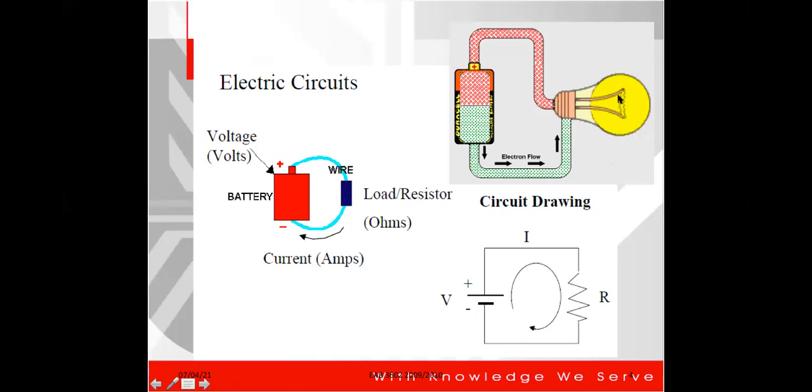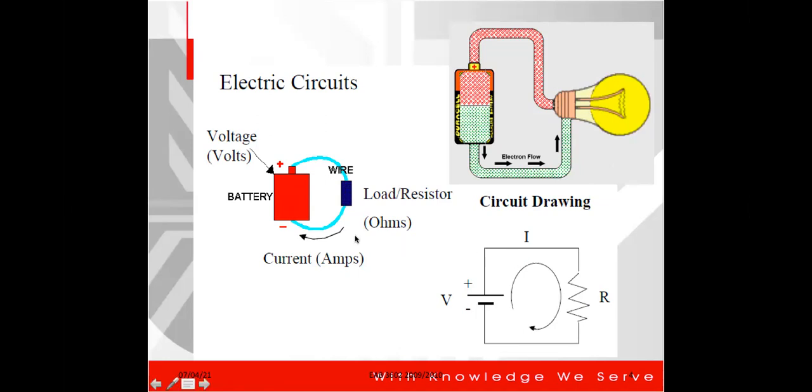And your light or your lamp actually becomes a load or resistor to the circuit. So whenever you have an electronic component inside your electronic circuit, it will become a resistor to the circuit.